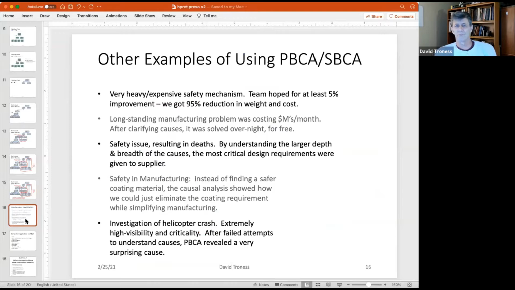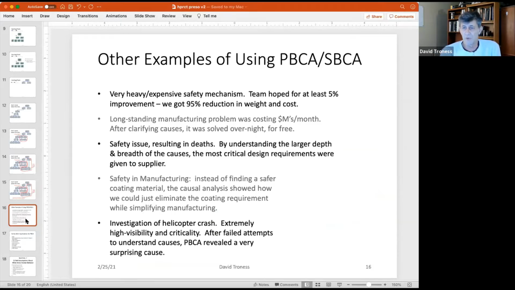Just to give you some examples of where I've used this before. And of course, I have to try to hide where these came from, but all these represent the value that we got from doing a much more rigorous job of understanding causes.